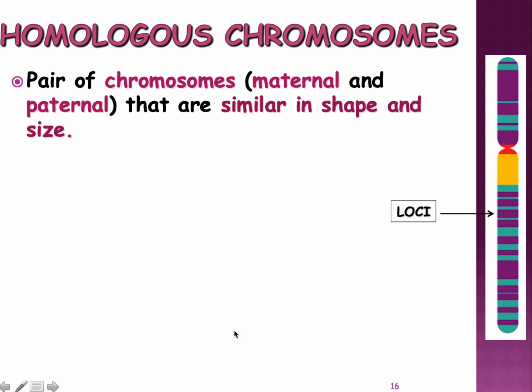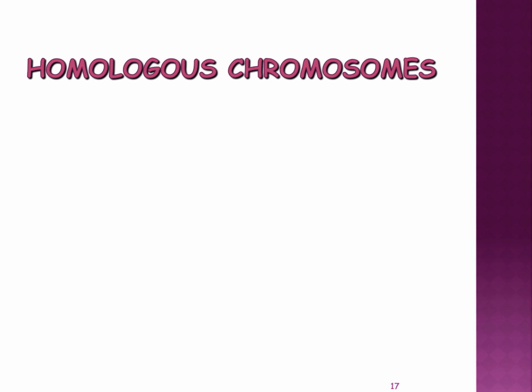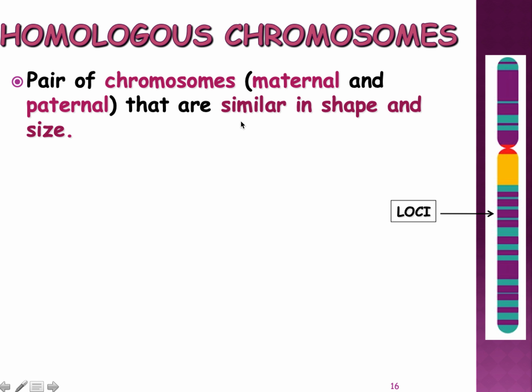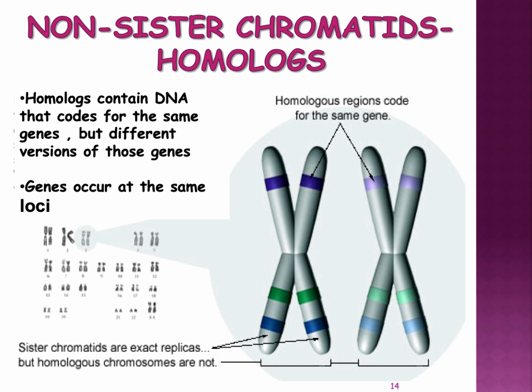All right, so homologous chromosomes are a pair of chromosomes, maternal and paternal, that are similar in shape and size. Understand that the chromosomes come from mom and dad. Let me go back real quickly to this picture.